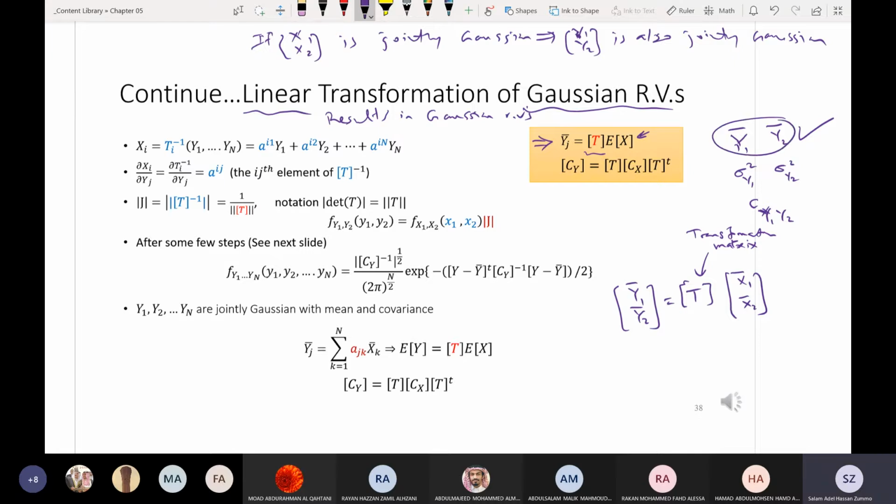The means we finished, the remaining are these three. You know that the variance and the covariance can be written in terms of the covariance matrix.